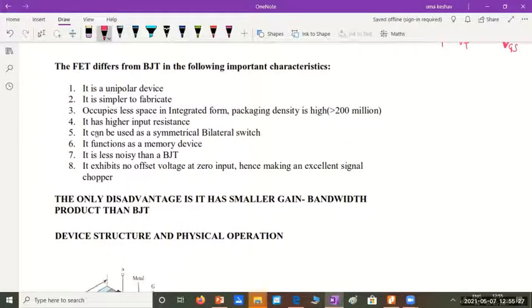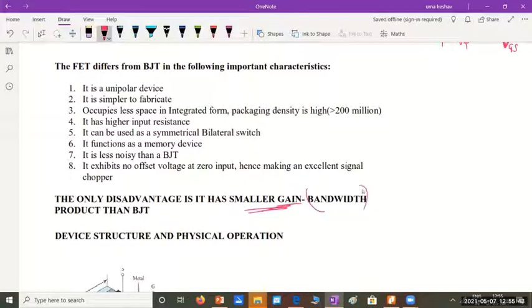But all these advantages are obtained at the cost of one parameter, which is gain. The gain of FET is lesser when compared to BJT. So please remember, all this is obtained at the cost of smaller gain.